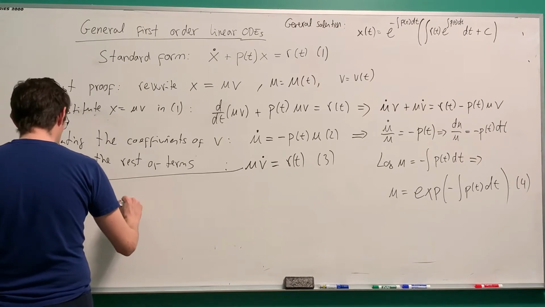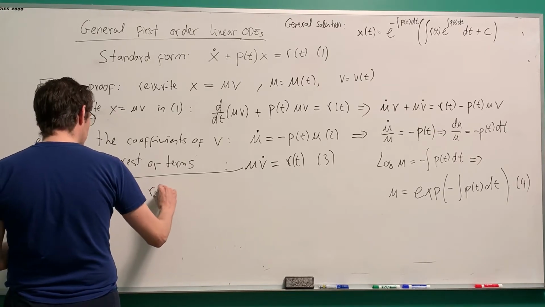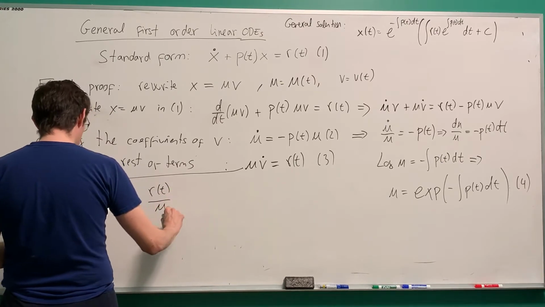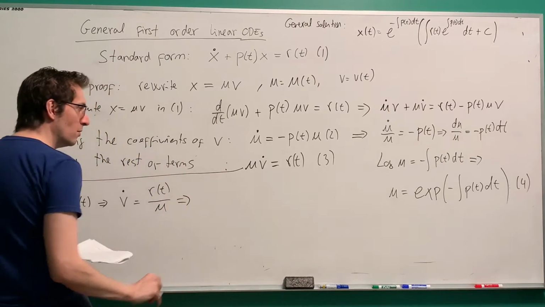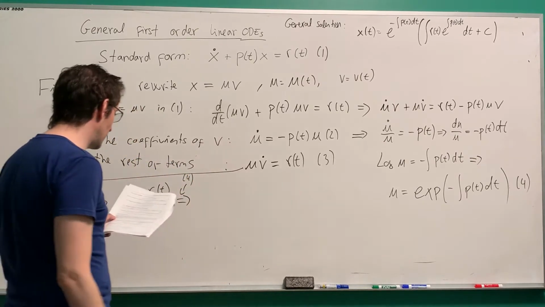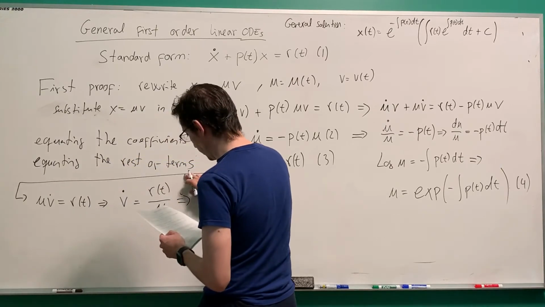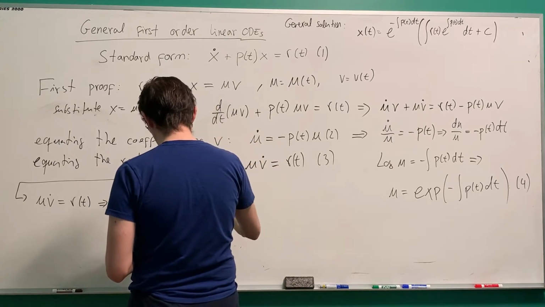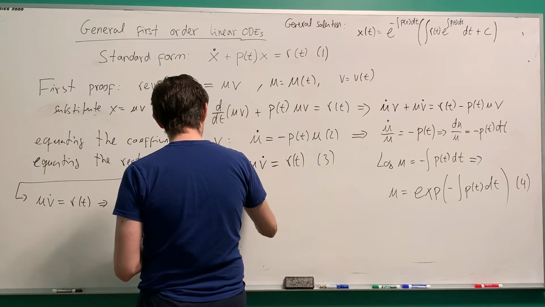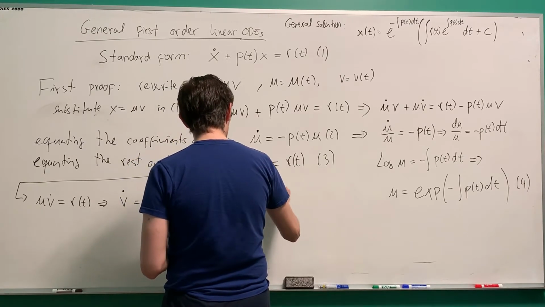And then that means that v dot is equal to r of t divided by u. But of course, we already computed u. Well, we don't need to use it actually at this point. We can just say that v, whatever v is, is equal to the integral of r of t divided by u dt plus a constant.